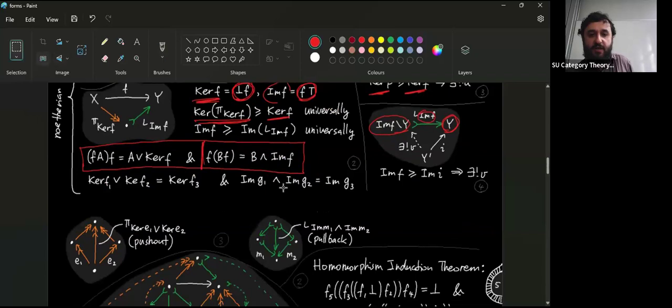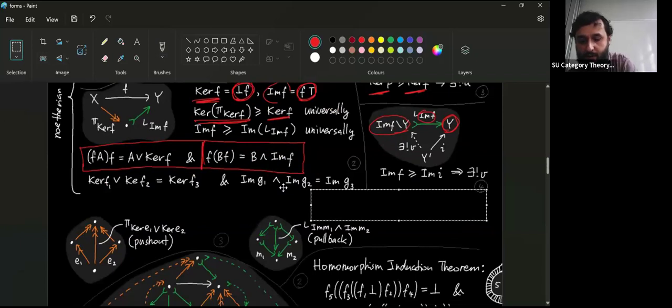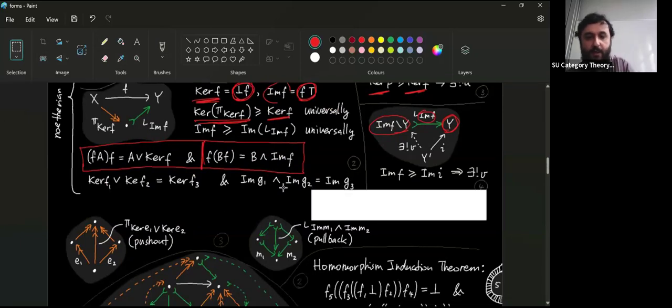For that, I'm going to make another white space for me here, if I can. Control X. There we go. Imagine you have 2 sets. They don't have to be groups.